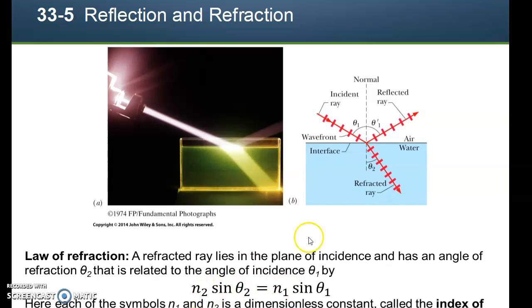So n2, the refractive index of this medium, times the sine of this angle is going to equal the refractive index of this medium times the sine of its angle right here. So n1 and n2, as it says here, are dimensionless and are associated with a given medium, and there are tables of those different values.